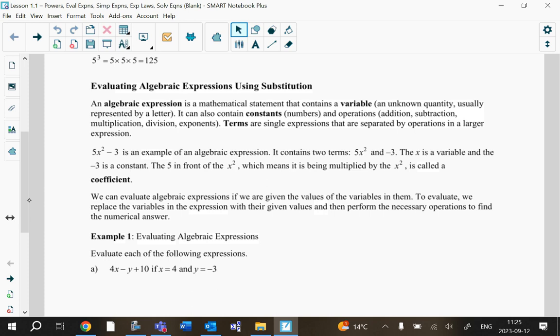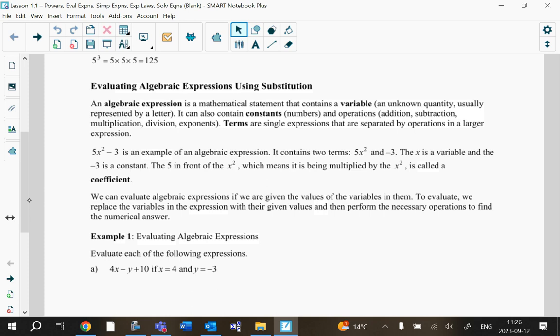If numbers and variables, or a combination of the two, are separated by addition and subtraction signs, we call those individual things terms. Again, you only have to know what I'm talking about when I say those words. As an example, we've got 5x squared minus 3. It's an algebraic expression.